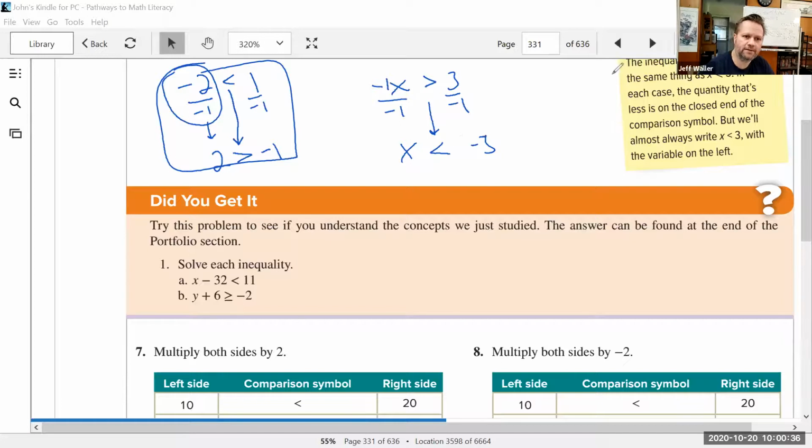And I really want that to make sense. Here I have -2 and 1. When I multiplied by -1, that became +2 and 1 became -1. So when I multiply or divide by a negative, I switch what side of the number line they're on. The one that used to be less is now greater. Anytime you multiply or divide by a negative number in an inequality, this sign has to flip, because I've changed the side of the number line that they're on.